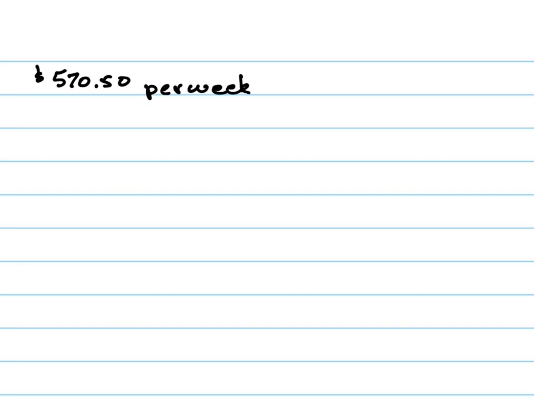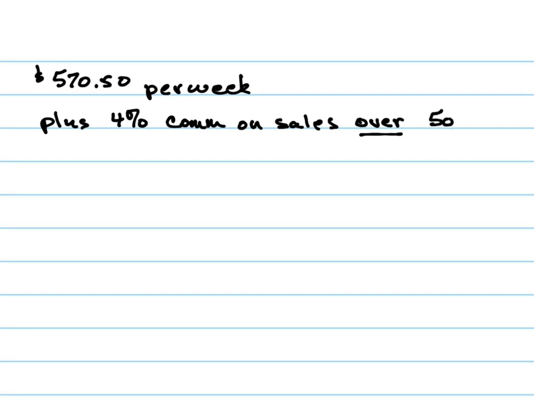So we're just writing down the information we know, plus 4% commission. I'm going to abbreviate a little bit, on sales over $5,000 per week. Okay, so not on the initial $5,000, but anything over the $5,000.